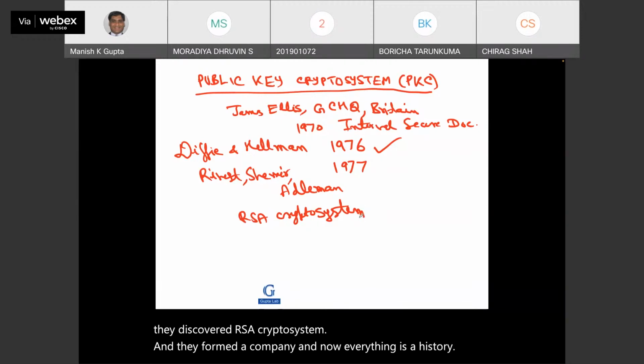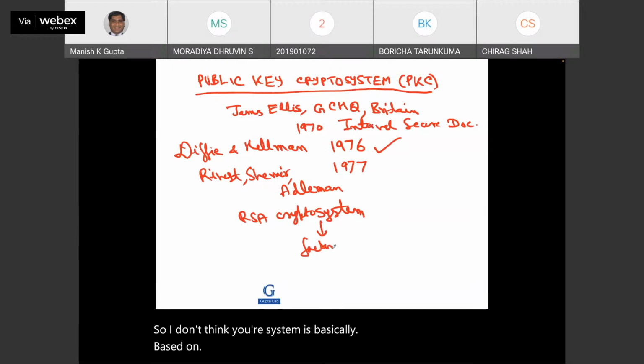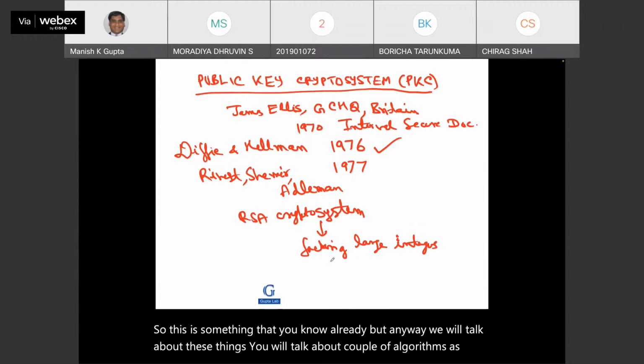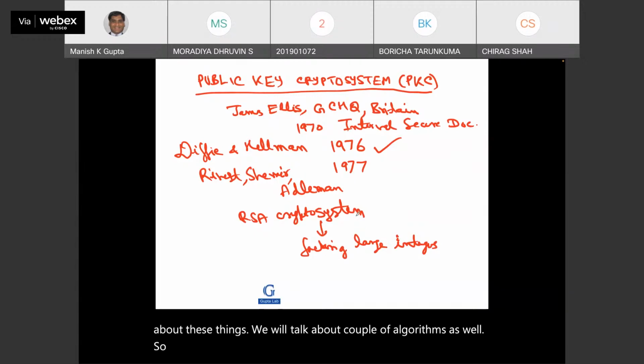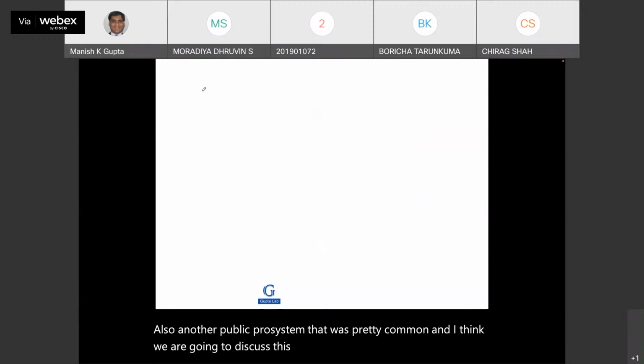So the RSA crypto system is based on factoring large integers. This is something you know already, but anyway, we will talk about these things and a couple of algorithms as well. This was in 1977. Another public key crypto system that was pretty common, and that we are going to discuss, is the ElGamal crypto system.